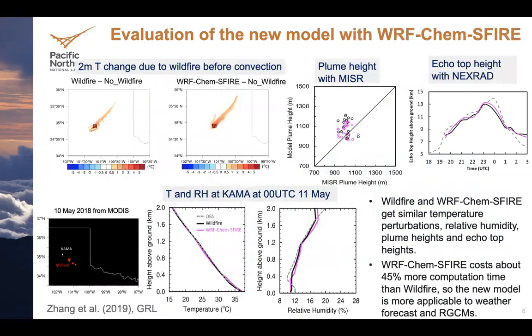What we found is that, for the 2-meter temperature change due to wildfire before the convection, our model can produce a similar change as that from WRF-SFIRE. We also get a similar plume height as well as echo top height.